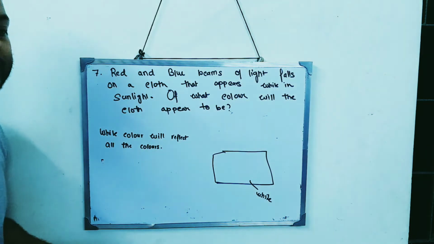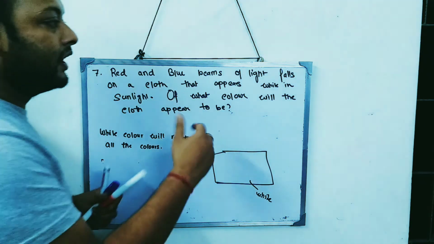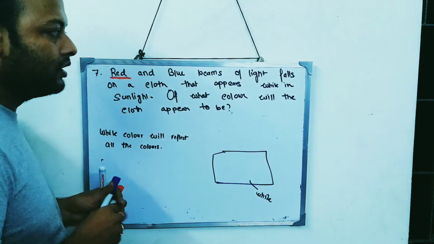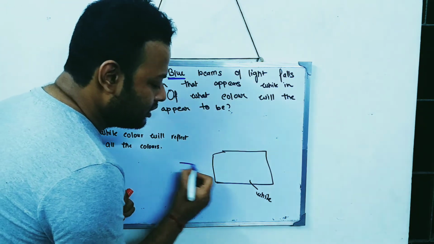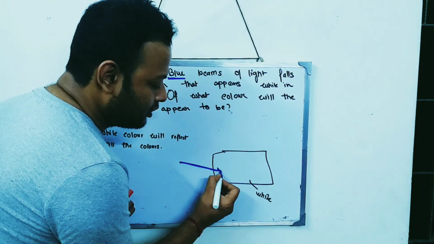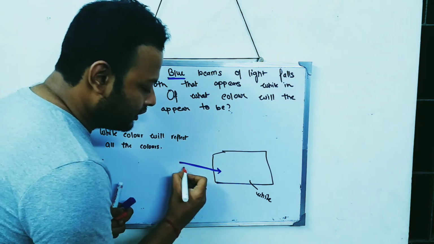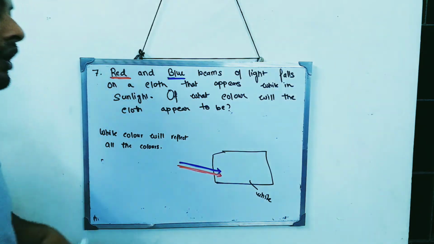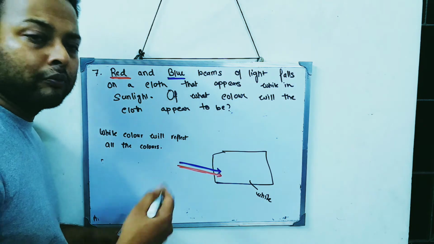Now over here they are saying the red and the blue color are incident on it. So this is the red color light and this is the blue color light which falls on it. If a red and a blue color light falls on it, the white body will reflect both of them.